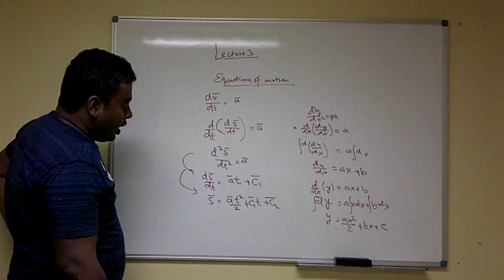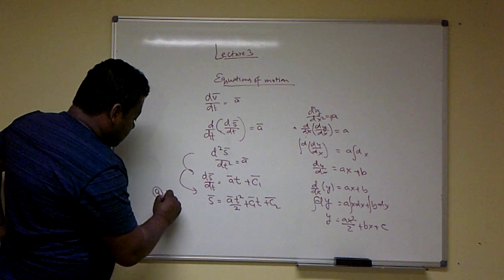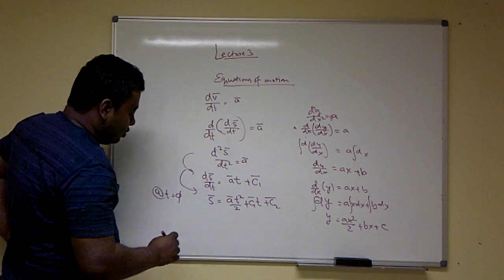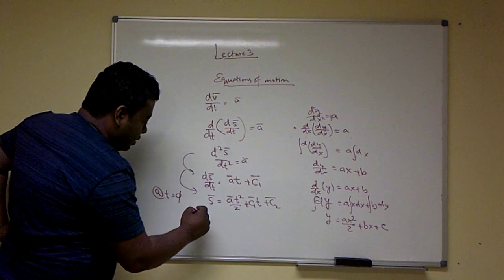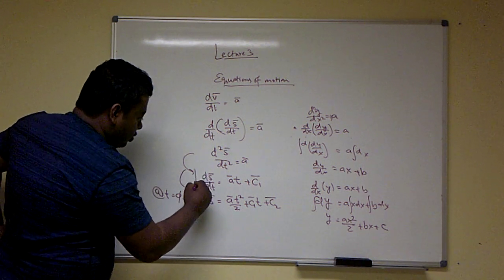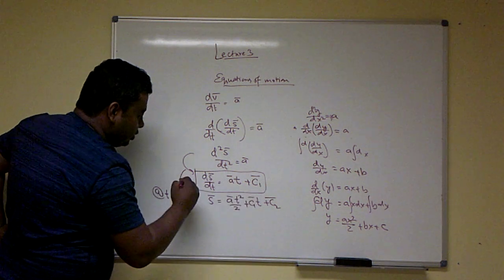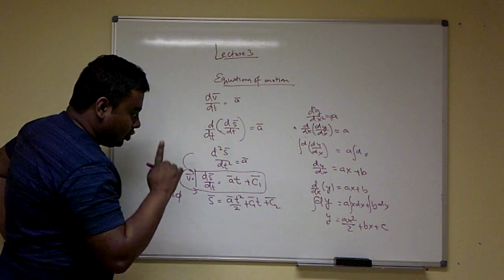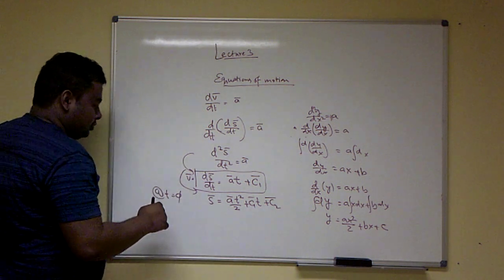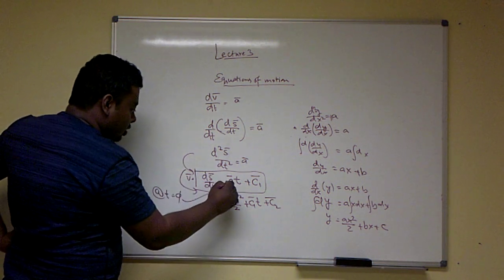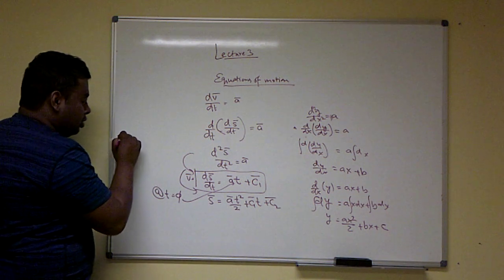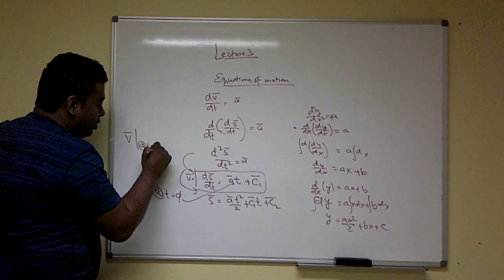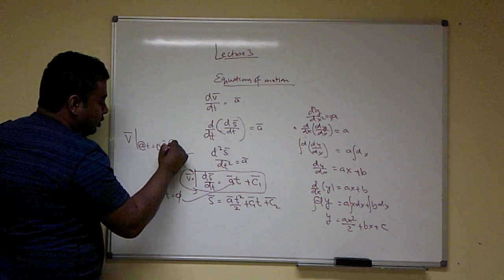Okay, so now at t equal to 0, we know that the initial velocity was u. So we'll catch this equation, which is also the equation for velocity when we integrated it one time, and we throw in t equal to 0. So my v vector at time t equal to 0 is c1 vector.